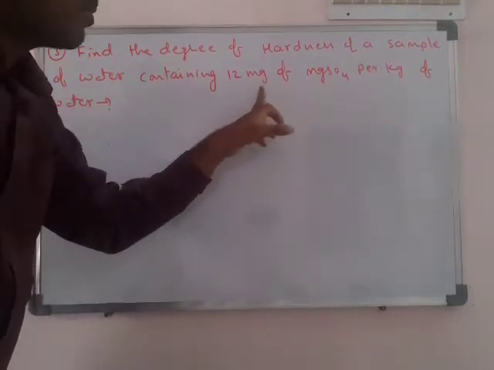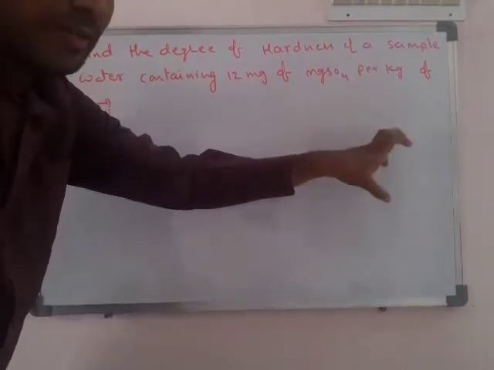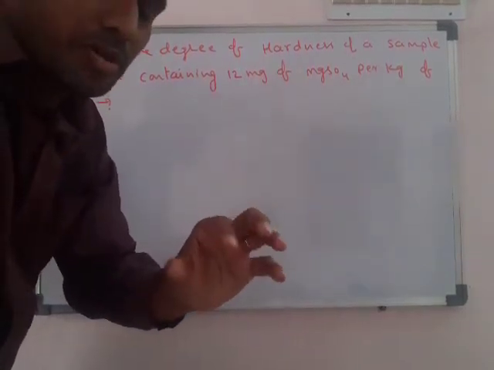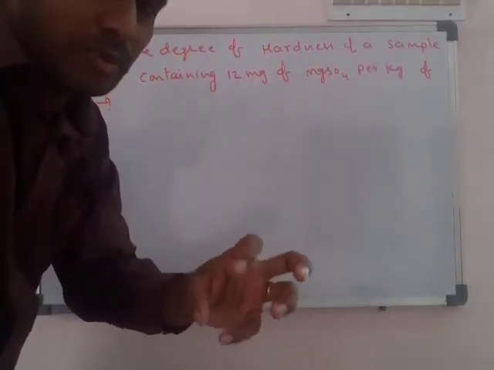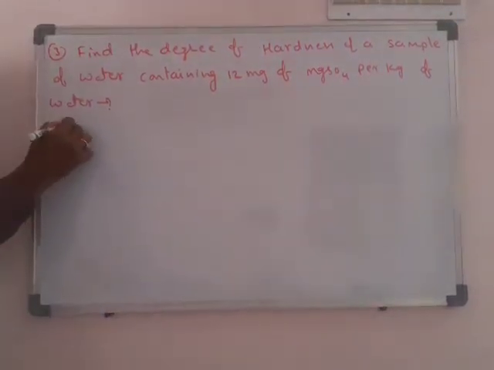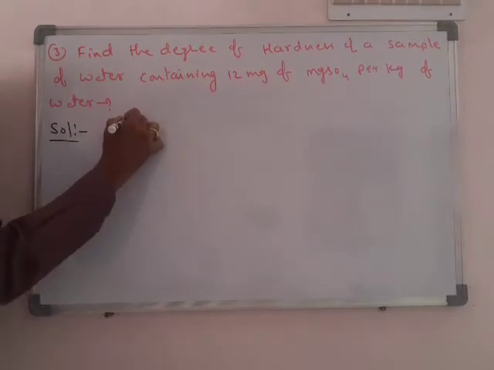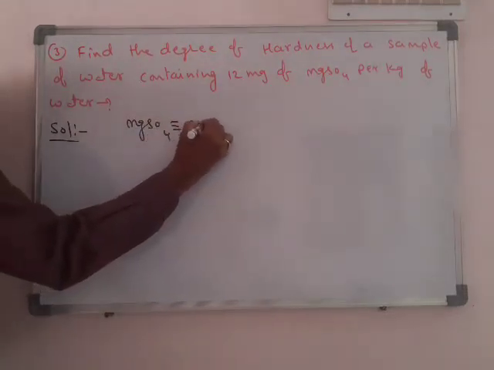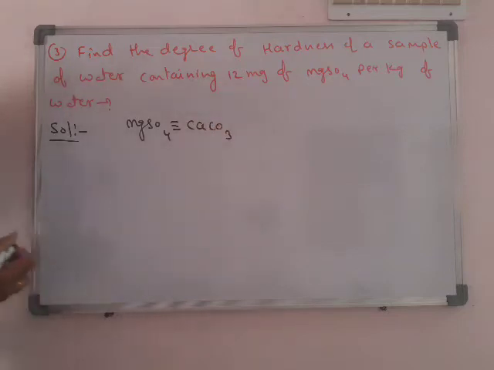Simple. First it's per kg. First MgSO4 should be equalized into the mass of calcium carbonate. So let's convert into calcium carbonate. The magnesium sulfate is equalized with the calcium carbonate.